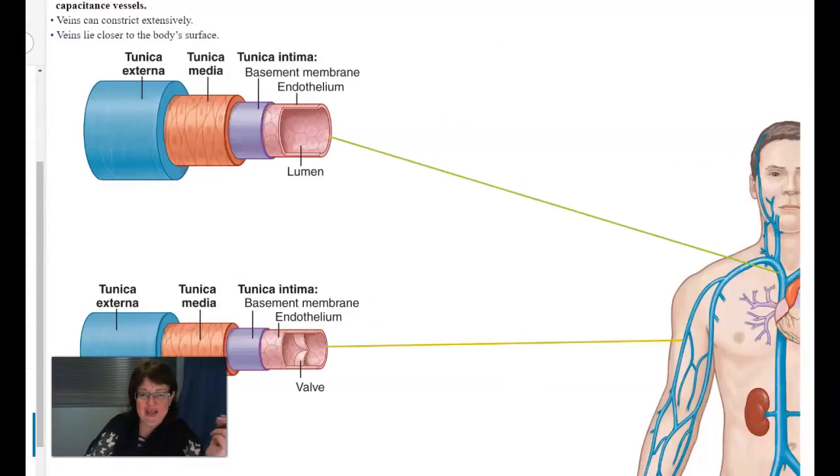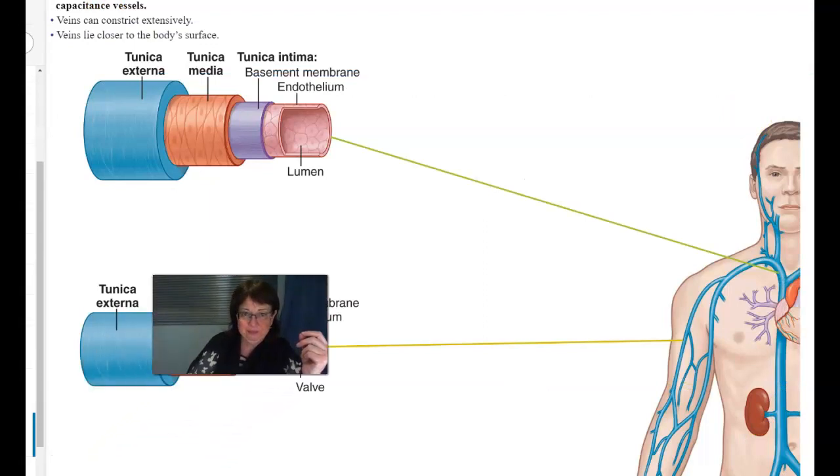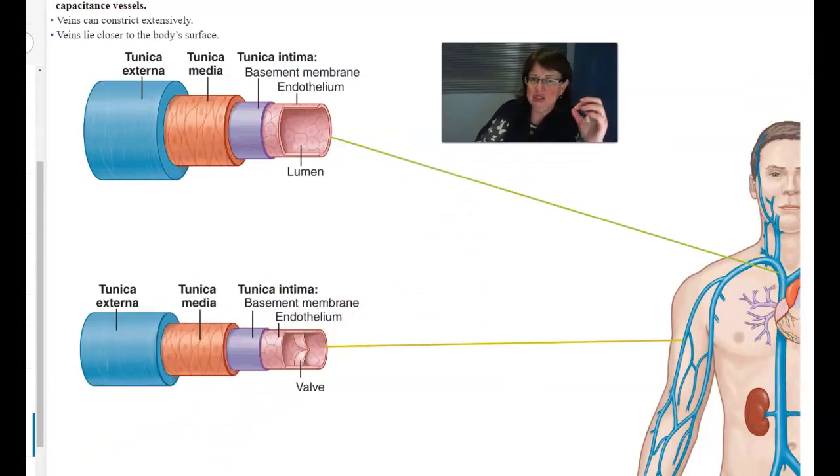Then when we look at veins, veins also have three layers, but veins have the ability to stretch if the blood is pooling, with almost no pressure change. So these have extensibility, they're able to extend, and they usually lie very close to the body's surface or close to a muscle.